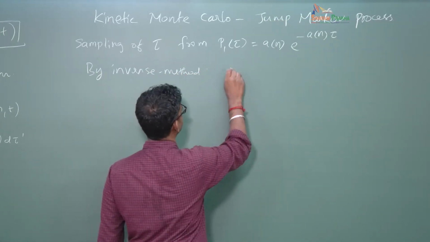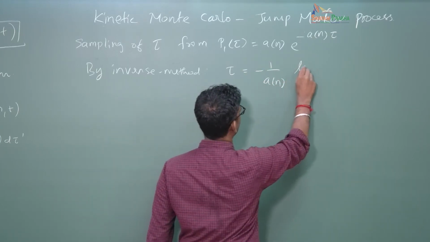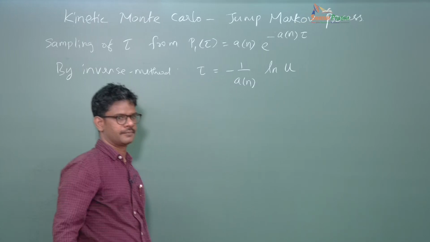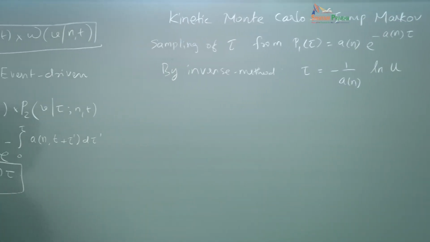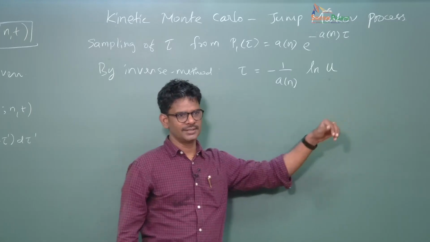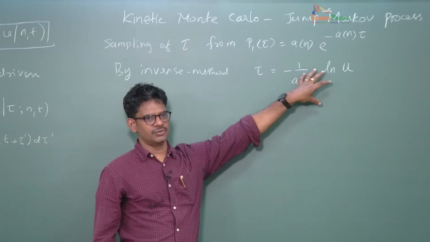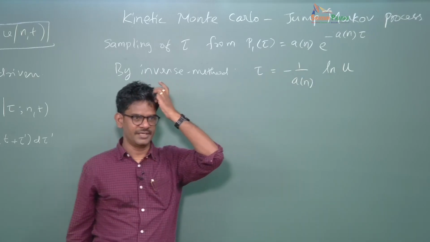we would obtain tau as minus 1 by a times ln of u, meaning that we call a uniformly distributed random number u in the limit 0 to 1, take ln of that, times minus 1 by a. This would be a sampling of time tau.